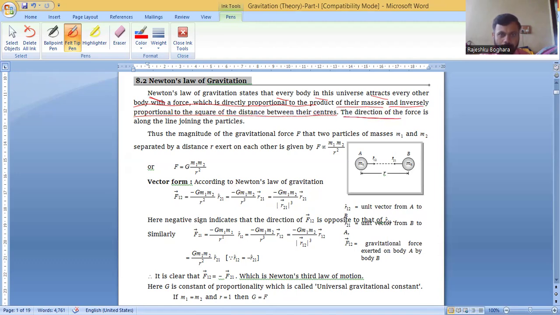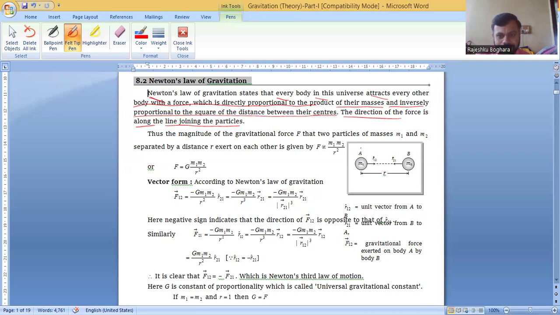The direction of force is along the line joining the particles.